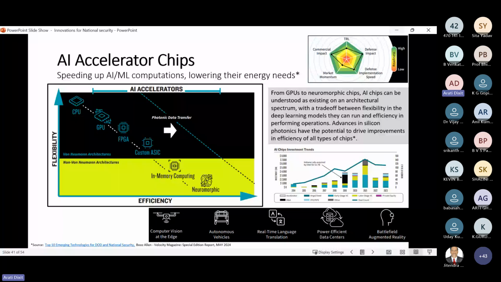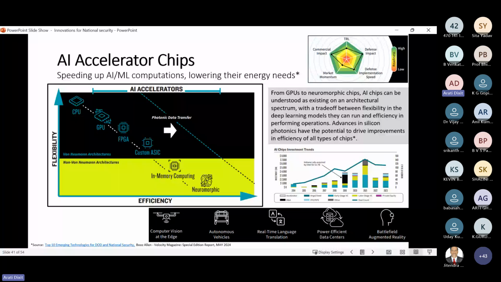On the right top corner you would see the radar chart, and it is clearly seen that this technology has high impact on defense as well as commercial implementations and defense implementation. The market momentum is yet to pick up. And regarding the readiness level, we still have some path to move forward on the TRL here.